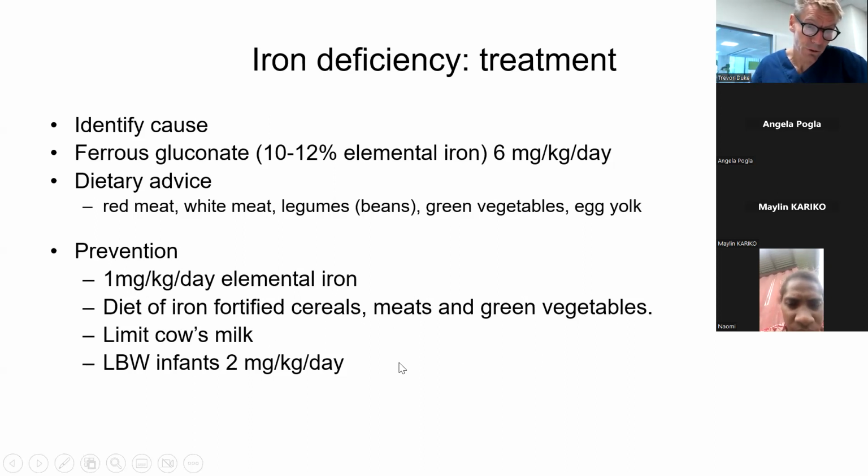If you're looking after a low birth weight baby, they need to have twice the amount of iron, and that's why we typically start iron replacement for those infants at around about 4 to 6 weeks of age, so that they can catch up, if you like, on the iron that they didn't get because they were born prematurely.